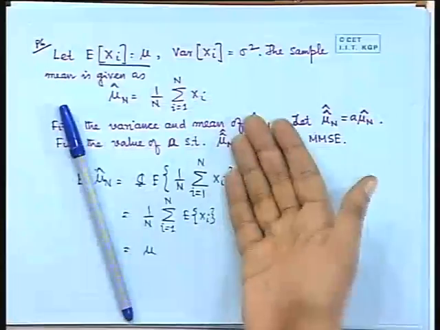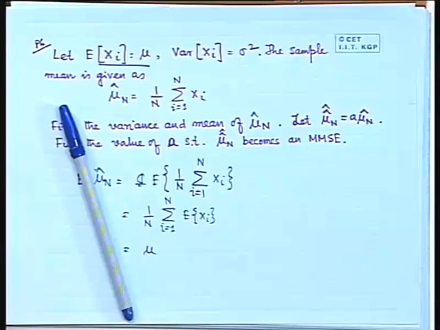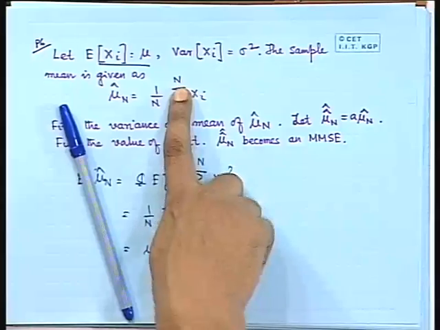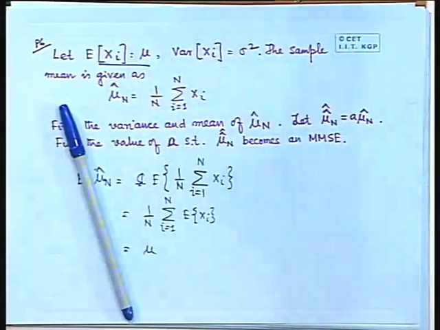So we can try to find the variance of this estimate, and it will be good if we find that this variance decreases as we increase n. If you take larger and larger numbers of samples, then it is more likely that it will come closer and closer to the true mean of the distribution. Does it happen? It will happen, and you can easily just put in the formula.